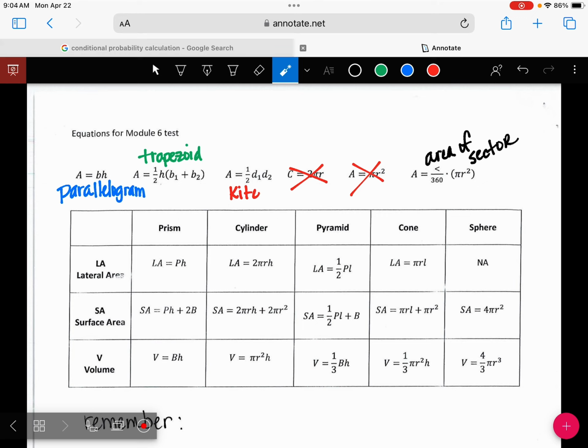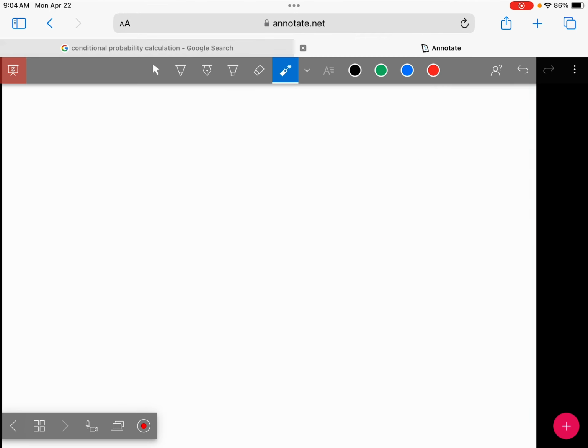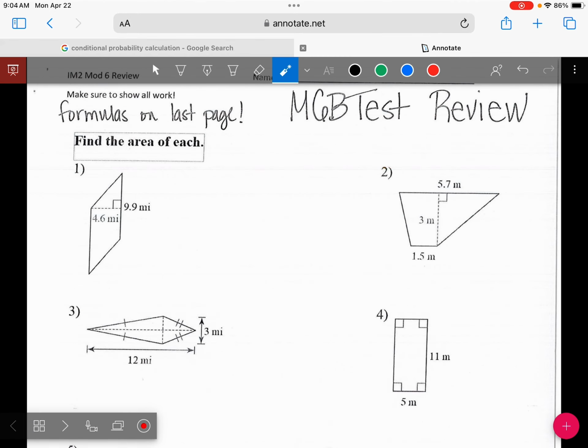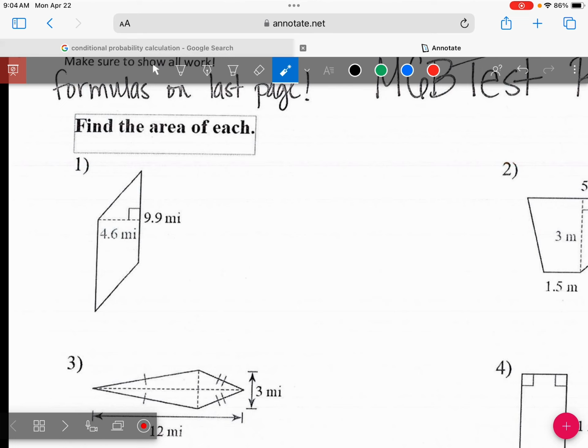All right, so let's go to the first page and start working through some of these together. The first thing you need to do is identify what it is. So what do you think this first one is, number one? Okay, do we think it's a circle?